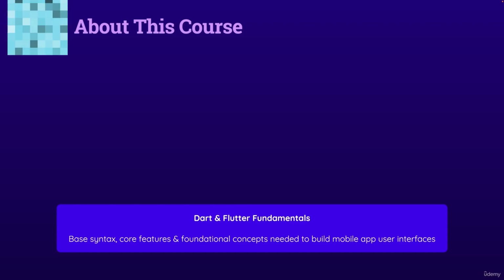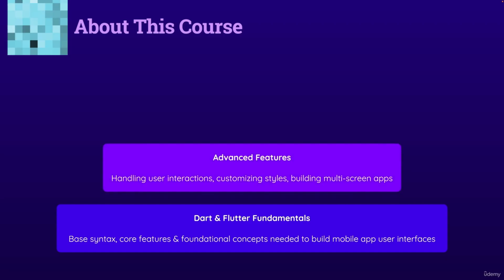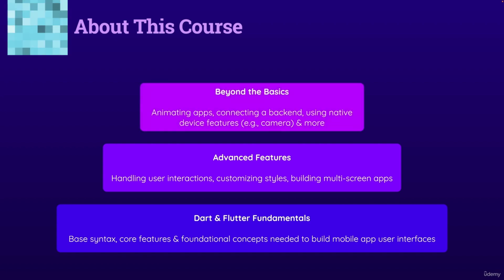Instead, we're then also going to dive into advanced features after covering the core features in the first couple of course sections, and you will learn how to handle user interaction, how to customize the styling of your apps, how to build multi-screen apps, and much more before we then dive into even more advanced features and you'll learn how you can animate apps, how you can connect a backend, how you can use native device features like a camera in your Flutter app, and much more.